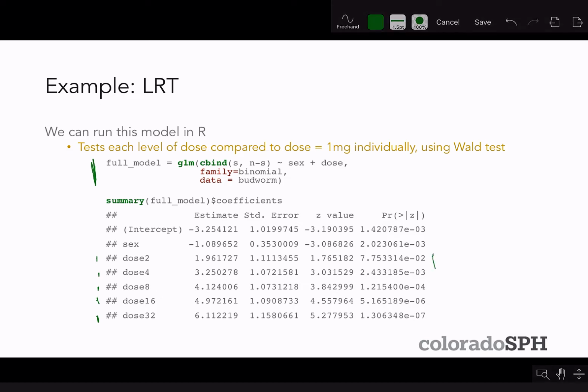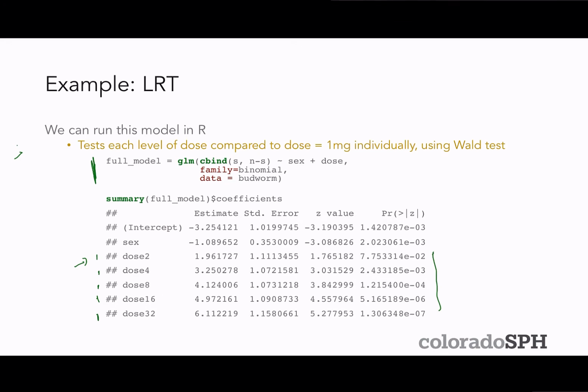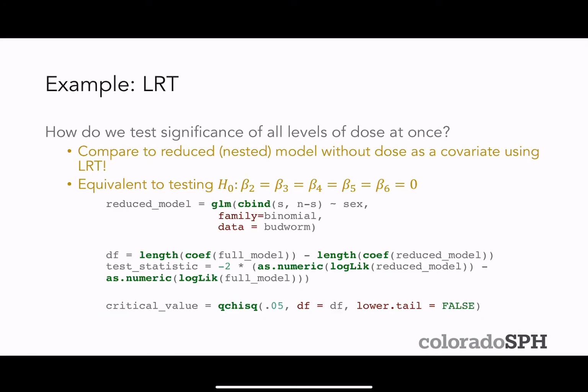These are calculated using the Wald statistic, and they only tell you the significance of one particular dummy variable for dose. However, we might want to actually test all levels of dose at once, since this really is one variable.